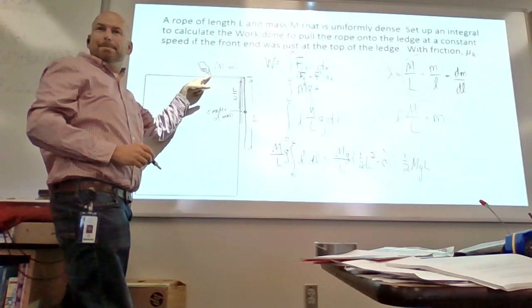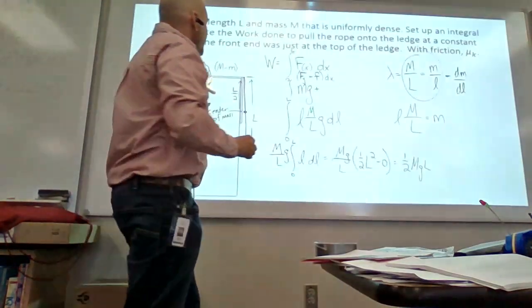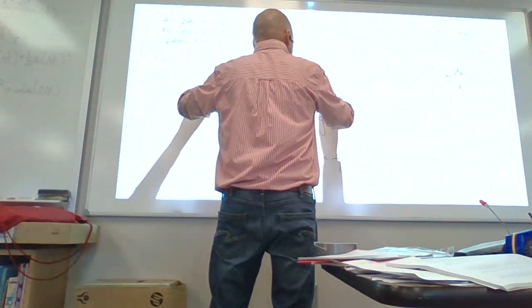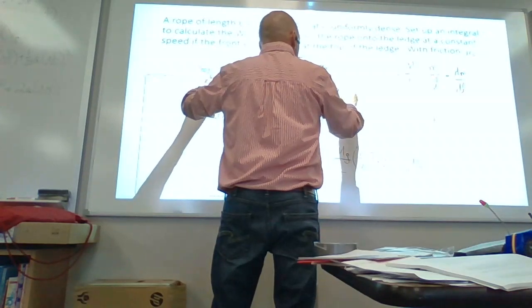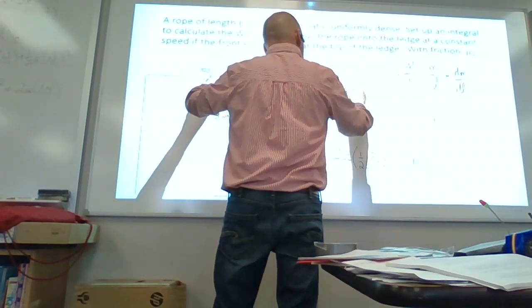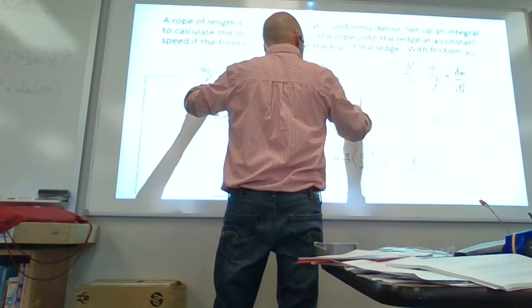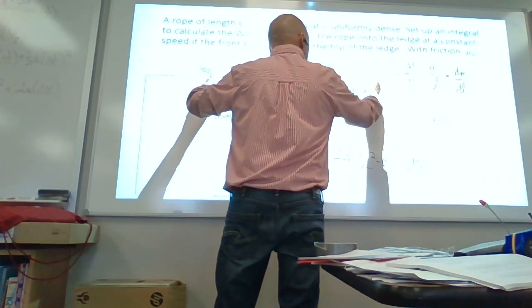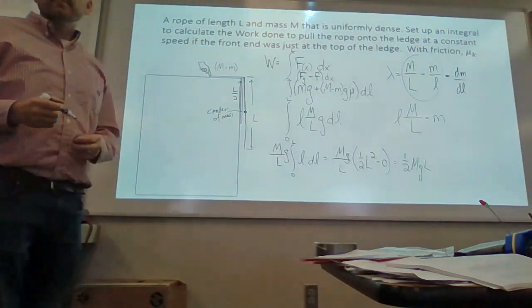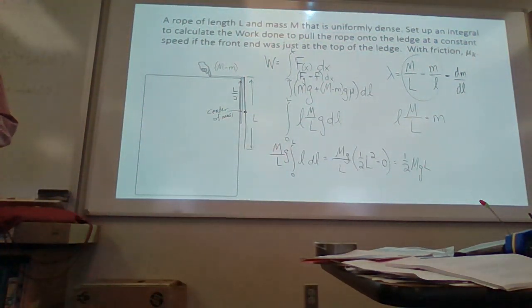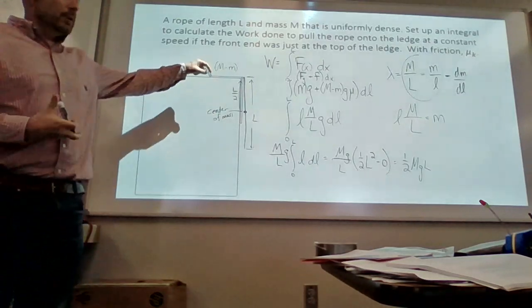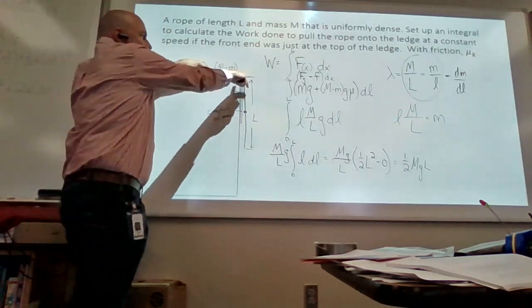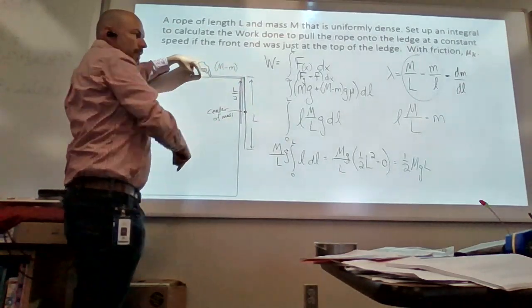So this is capital M minus lowercase m times g times the coefficient of friction dl. Your hand is acting against the friction, the net force, the total force, is 0. So you have friction going against us.